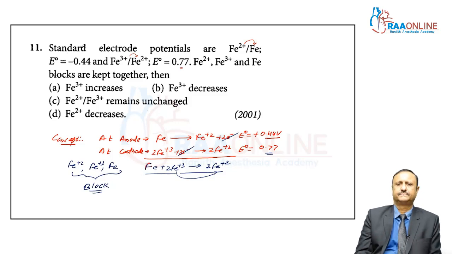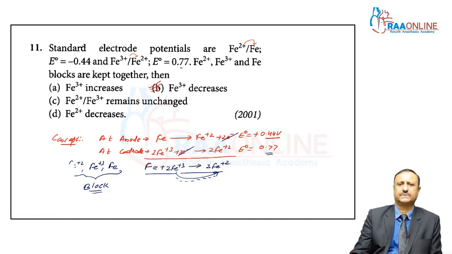What will happen? At the anode, iron is converted to Fe plus 2 and Fe plus 3 is converted to Fe plus 2. So, my dear students, you can see here Fe plus 3 concentration decreases, because it is converted to Fe plus 2. So your answer for question number 11 is B.